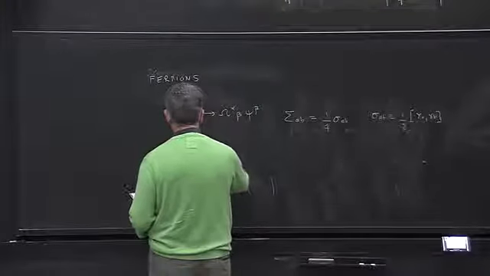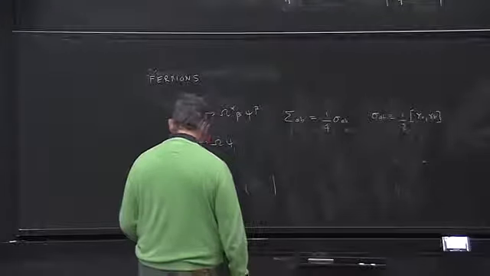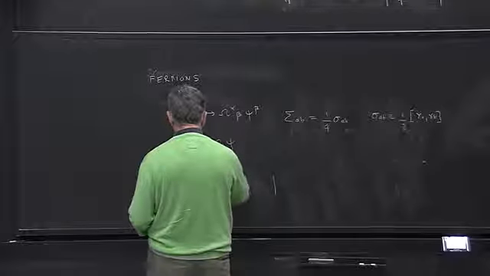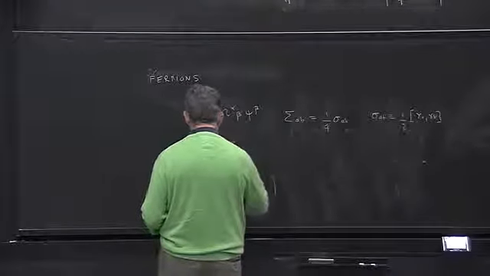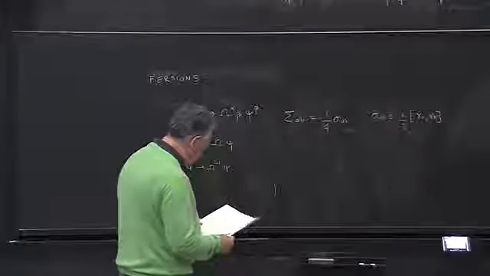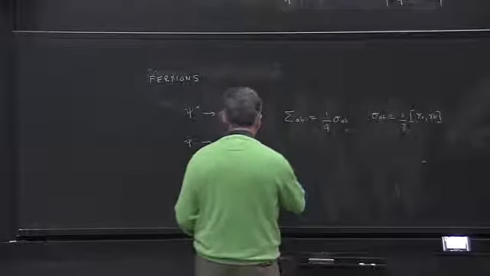So symbolically, psi goes like omega psi. To form an invariant Lagrangian, we want to have something that transforms like omega to the minus 1 psi. And I'm going to leave this as an exercise.